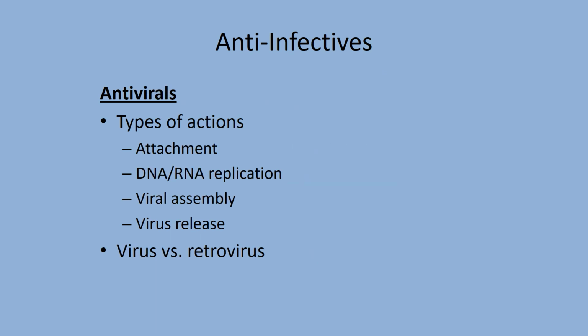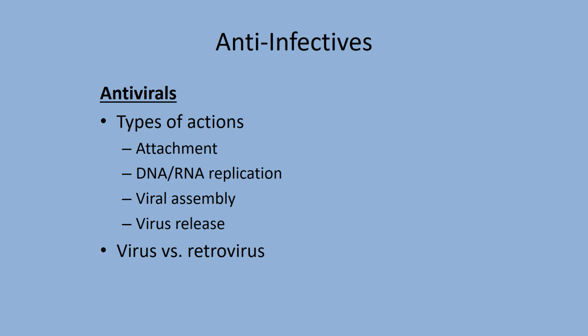Viruses. So viruses, really small. They can't self-replicate, so they have to infect a host cell, hijack its manufacturing mechanism to make new virus particles, and then release those particles to infect new cells.